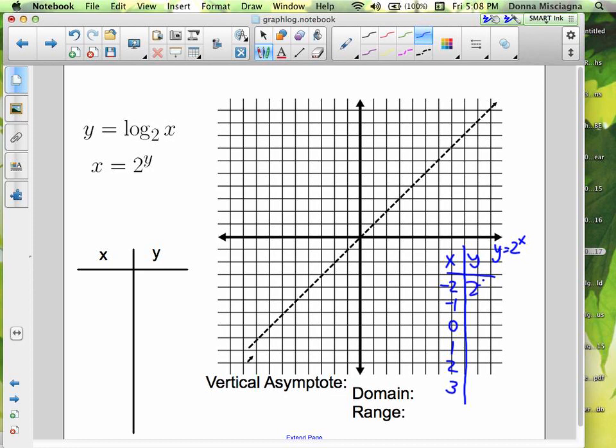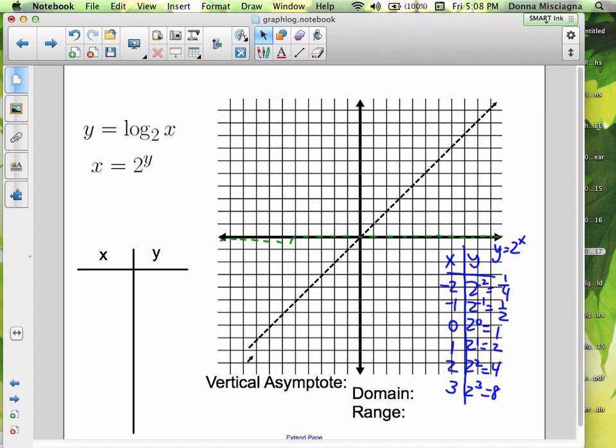So 2 to the negative 2 is 1/4. 2 to the negative 1 is 1/2. 2 to the 0 is 1. 2 to the first is 2. 2 squared is 4. And 2 cubed is 8. Remember, this function has a horizontal asymptote at y equals 0.